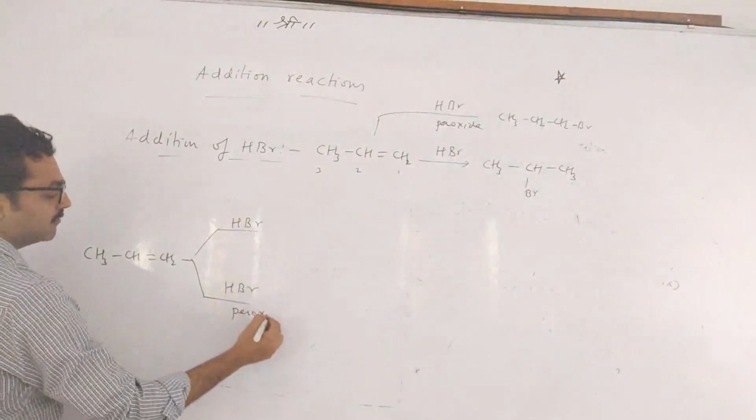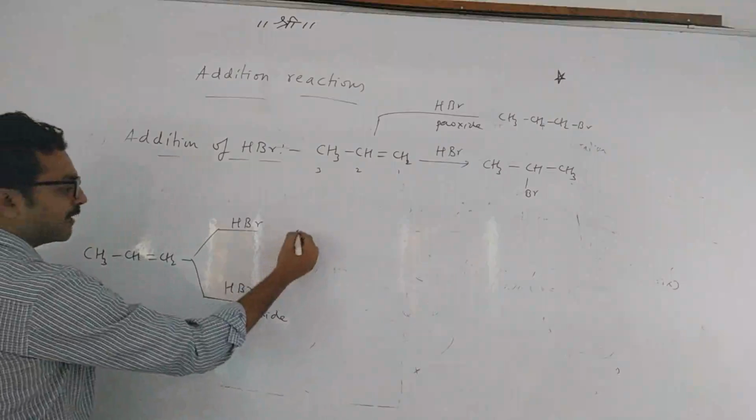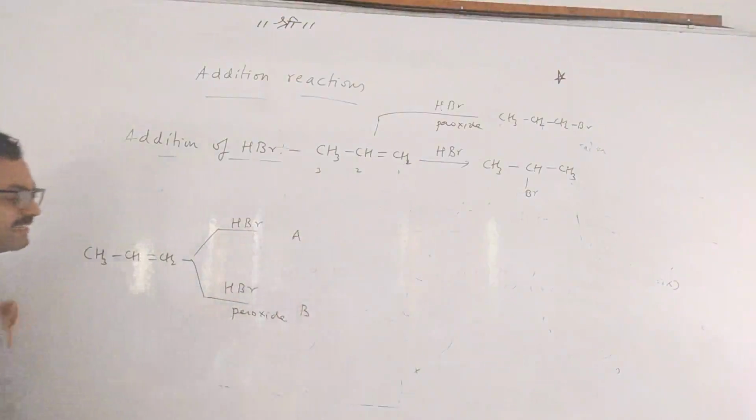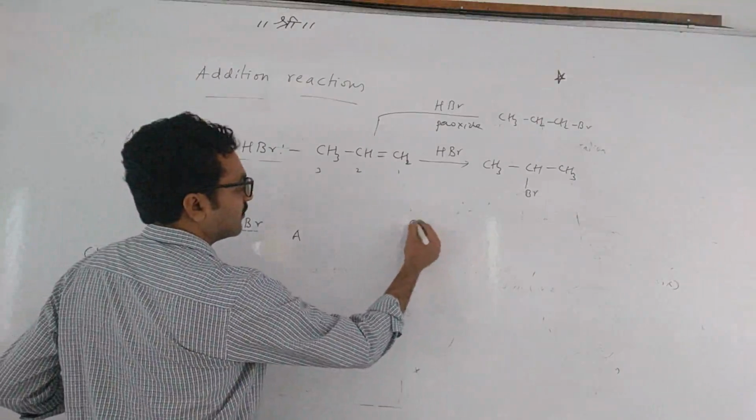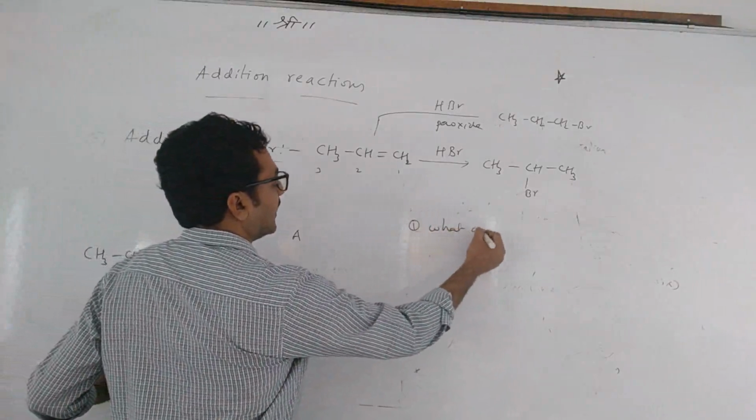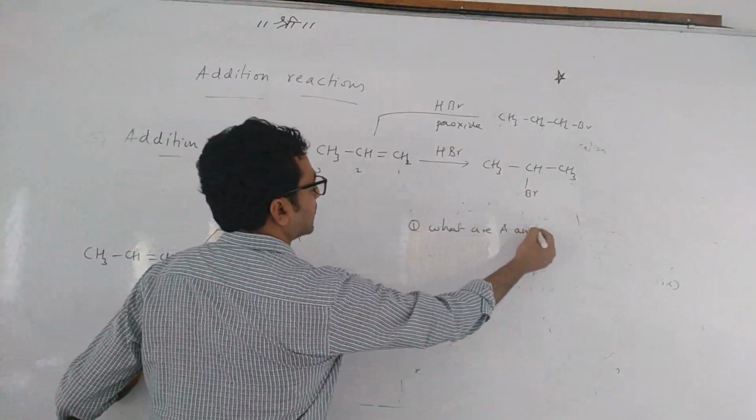This is one question. A and B are formed. So here three types of questions they will ask. First question, what are A and B? This is the first question.